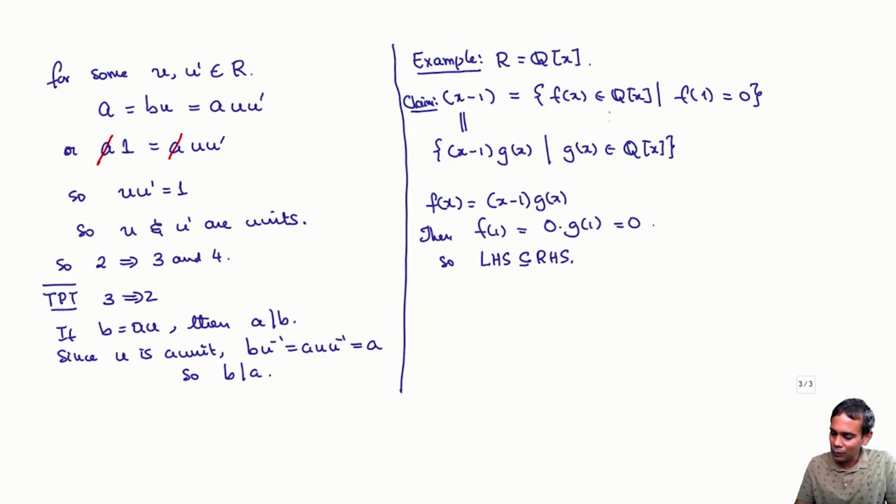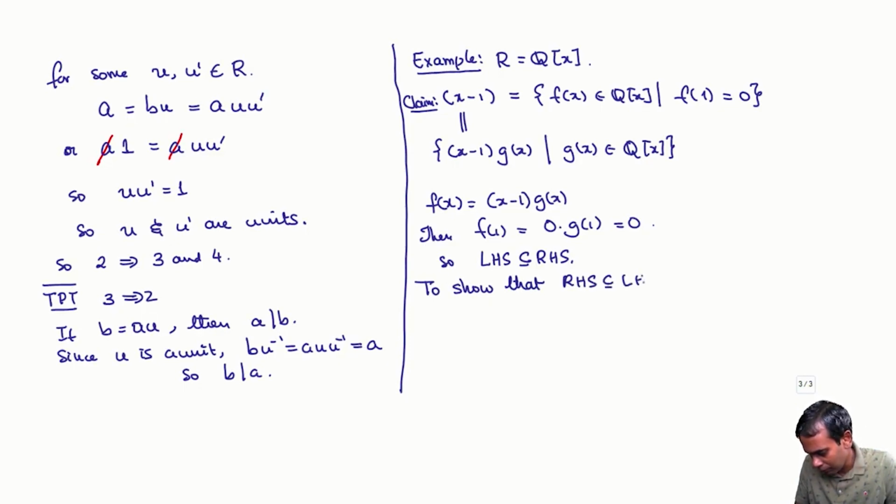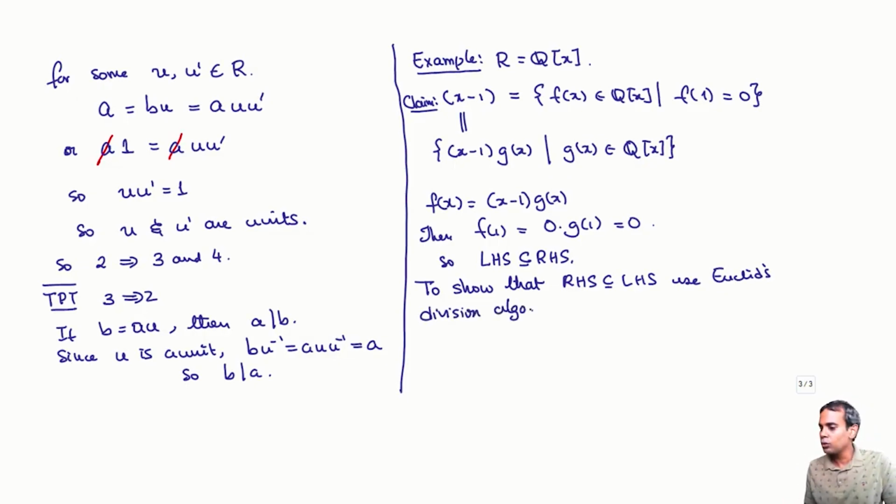More interesting is, why should any polynomial which vanishes at 1 be divisible by x minus 1? And here Euclid's division algorithm comes in. So what does Euclid's division algorithm say?